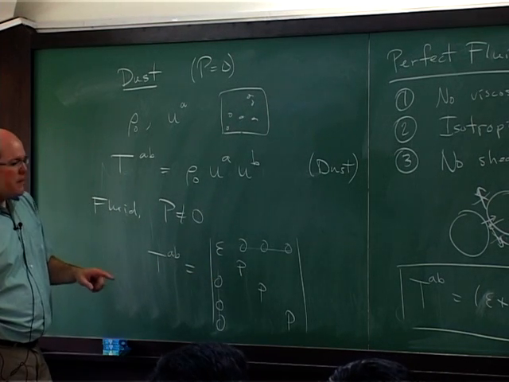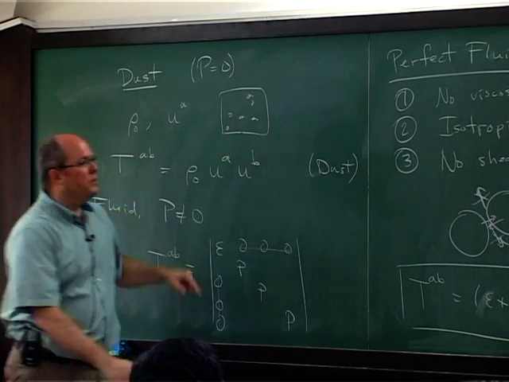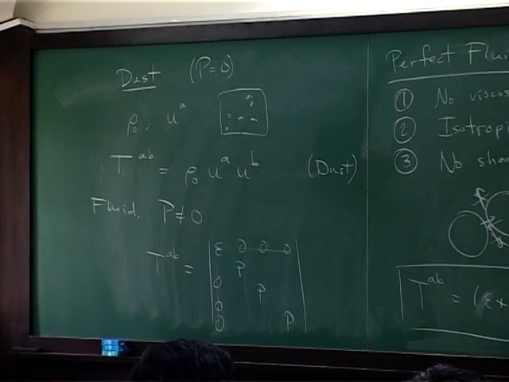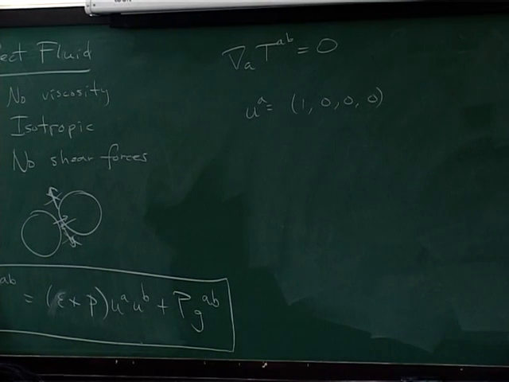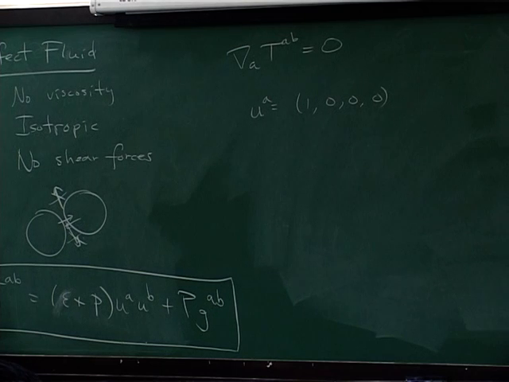If I'm in the rest frame of the fluid, then the U would look simply like 1, 0, 0, 0. And so when I have a term like this, that would give me the epsilon up here. And I think, okay, how do I get the pressure here? Pressure is a scalar number, but I need it on the diagonal here.